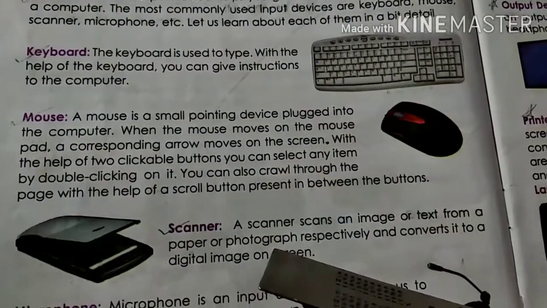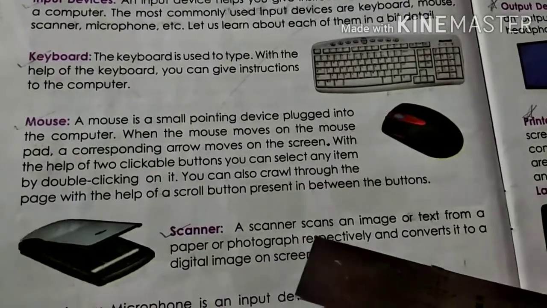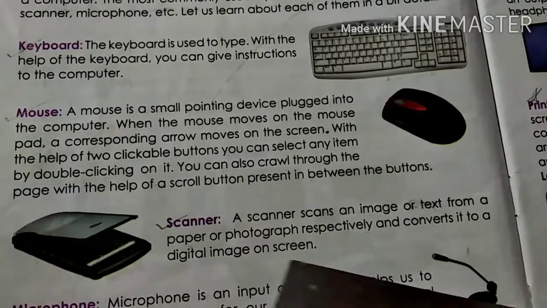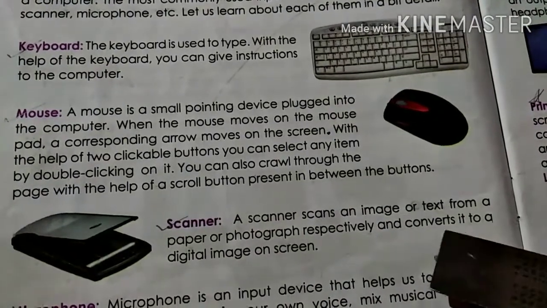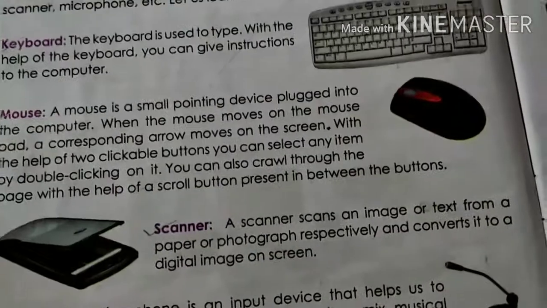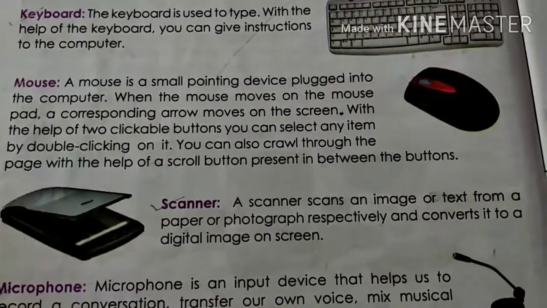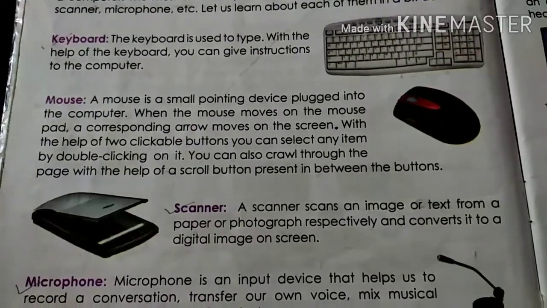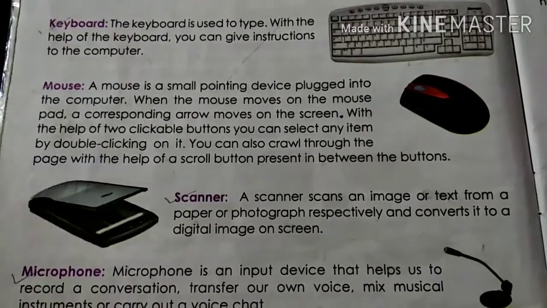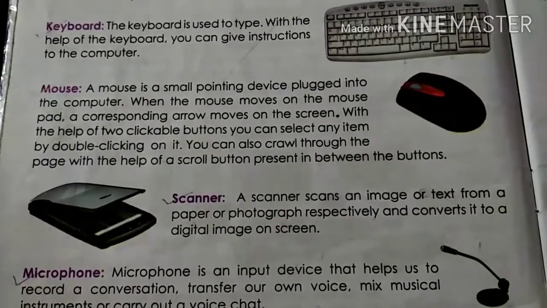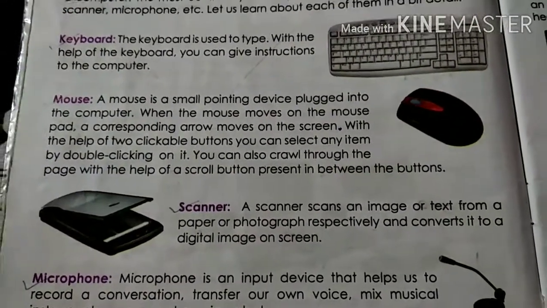Now the next input device is the scanner. A scanner scans an image or text from a paper or a photograph respectively and converts it into a digital image on a screen. So students, sometimes we need to send our personal document or our office related document to a person who is sitting in another city or a different geographical area. At that time we use a scanner.